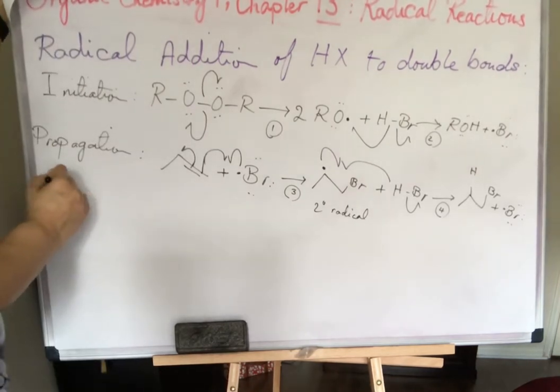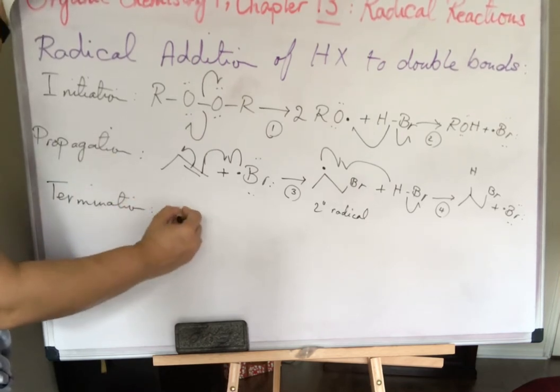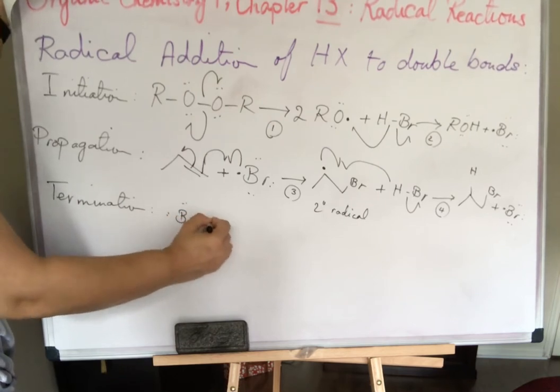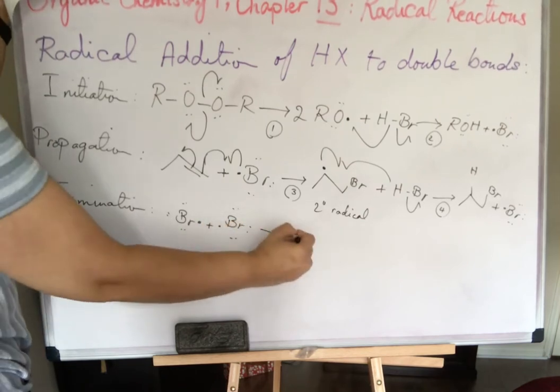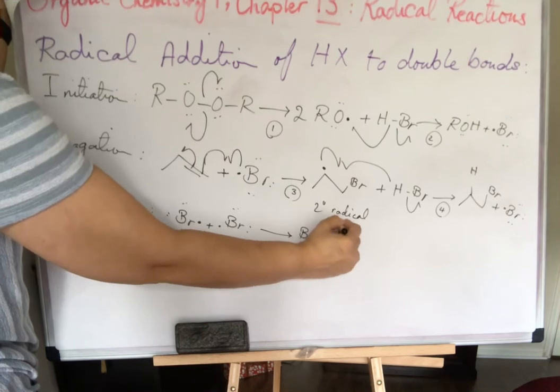In the termination, again, we have different products. One of them is shown here for you, and more potential here. So whatever bromine radicals left will react to form bromine molecule.